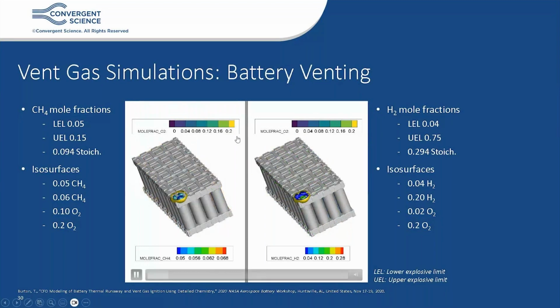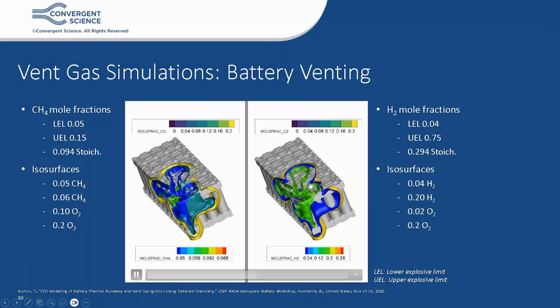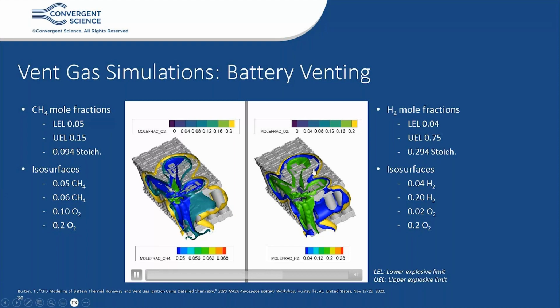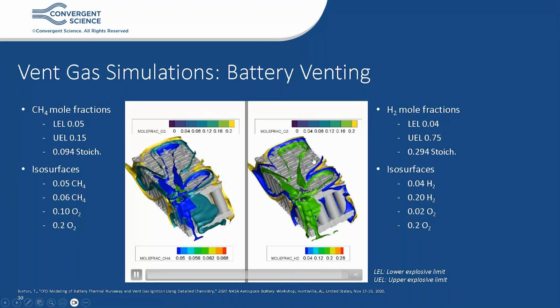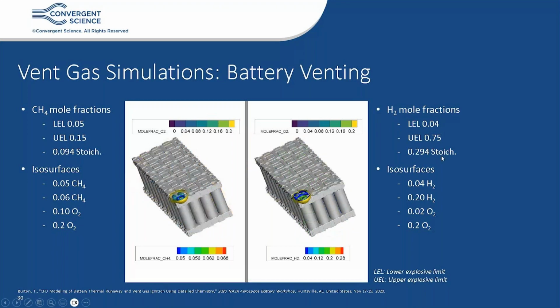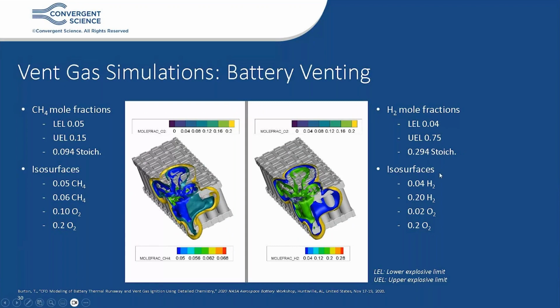And these gases only burn when the upper and lower flammability limits or criteria are reached. So using such detailed flow simulations for vent gas, we can investigate areas where these gases can ignite, and also investigate the pressure buildup inside the battery pack due to vent gas generation.